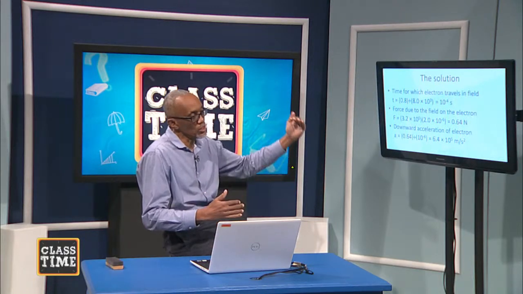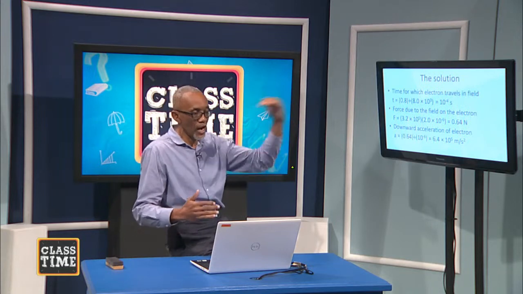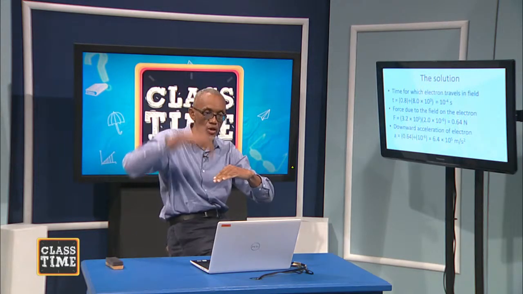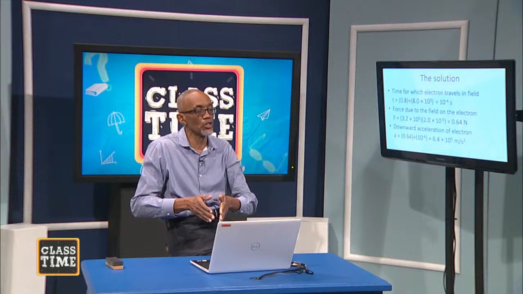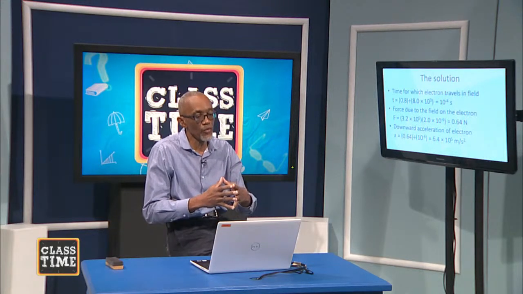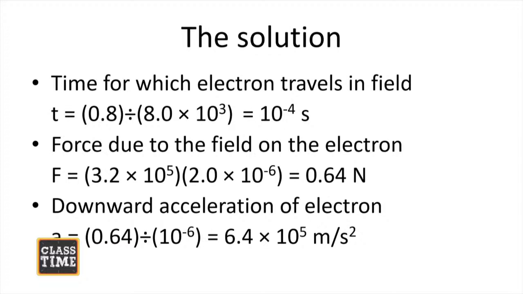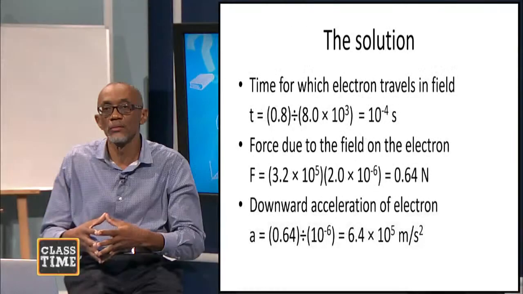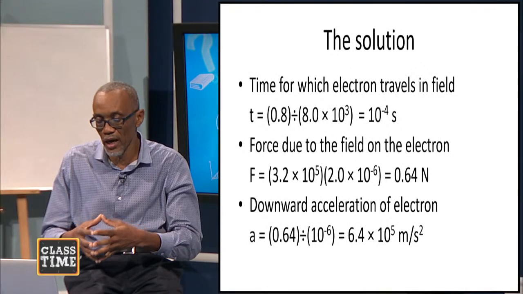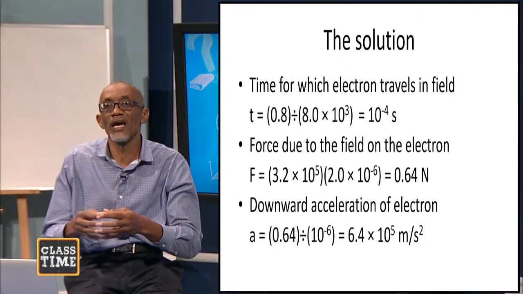Because this charge is traveling in an arc, it has a vertical acceleration downwards, and we're going to calculate that. From the laws of motion, acceleration is the force exerted on the particle divided by its mass.